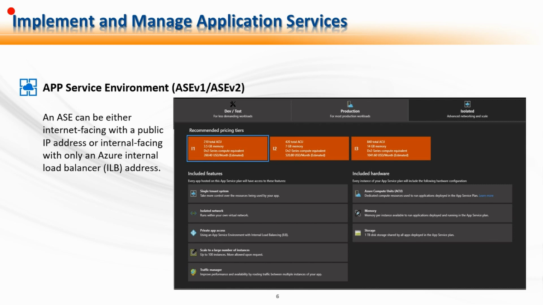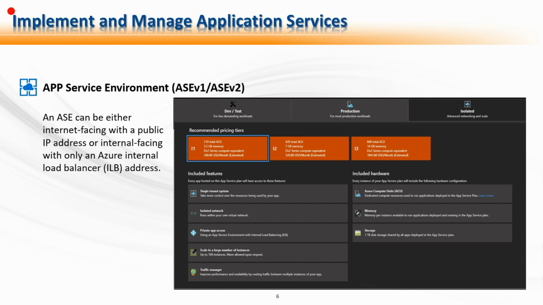So when I talk about the site-to-site VPN, although this is not part of this course, we need an application gateway to be created in a separate subnet of the same virtual network. And the app services environment is also configured in a separate subnet of the same virtual network. And mind you, when we have different resources in different subnets of the same virtual network, they can communicate with each other.